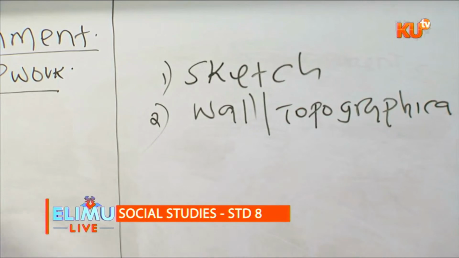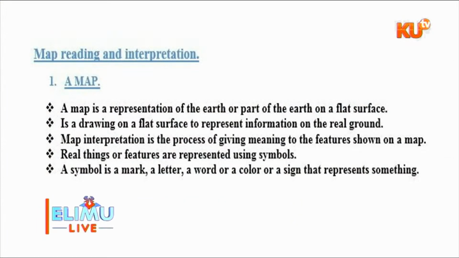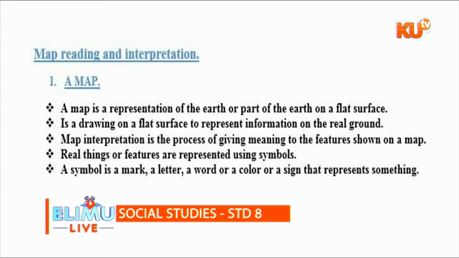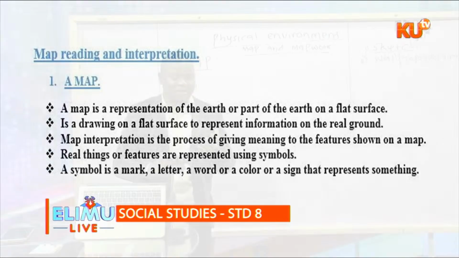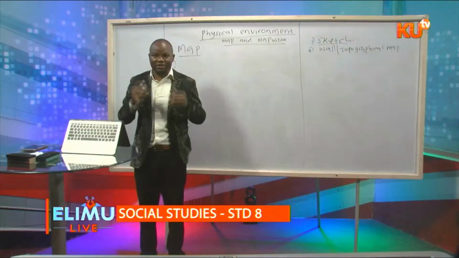Then I'm only going to talk about this sketch map. That is my point of interest, because in map and map work, it only talks about from number 1 up to number 7. So that is the area that I would like us to concentrate on much.